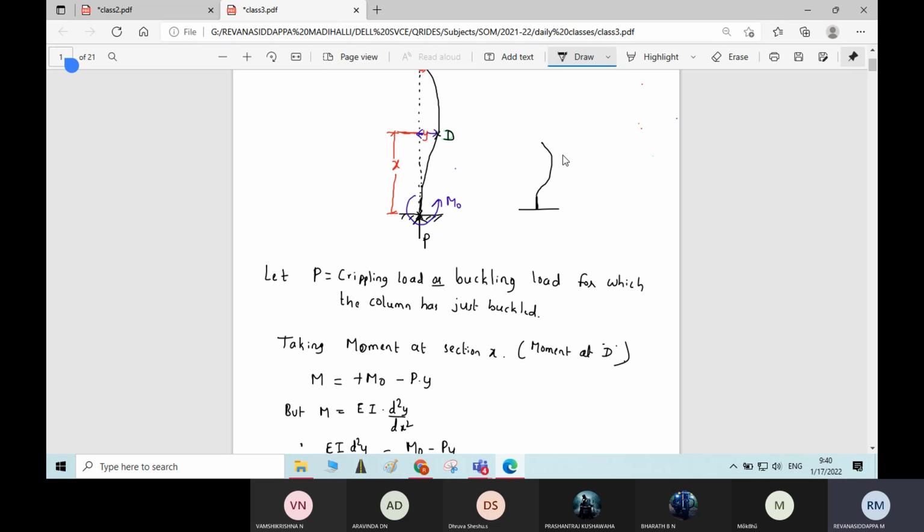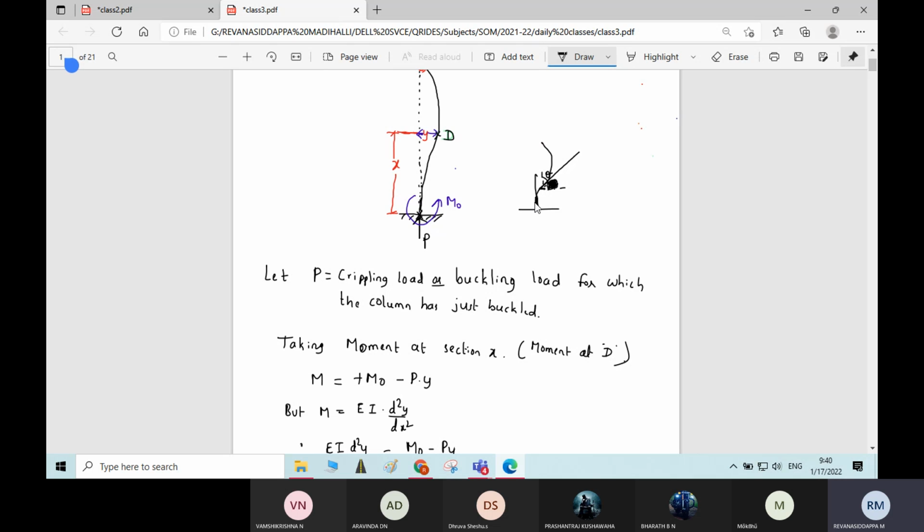So slope means what? When you draw a tangent, whatever angle you get with respect to the horizontal is the slope. But initially there is no slope. It is straight only. The angle with respect to vertical is taken as theta, and this angle is 0 only.